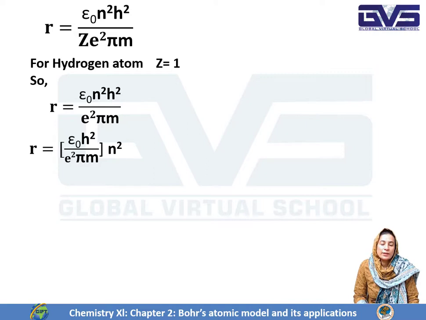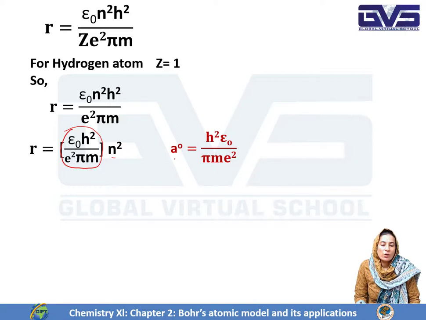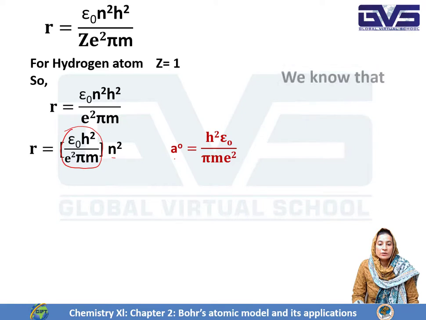Now I already told you these are constants and this is variable. Keep the constants aside and the variable on one side. Because this is a combination of a lot of constants, we can give it another name, a naught. This a naught is the combination of constants. By putting the values of Planck's constant h, epsilon, pi, m, e square, we can find its value.